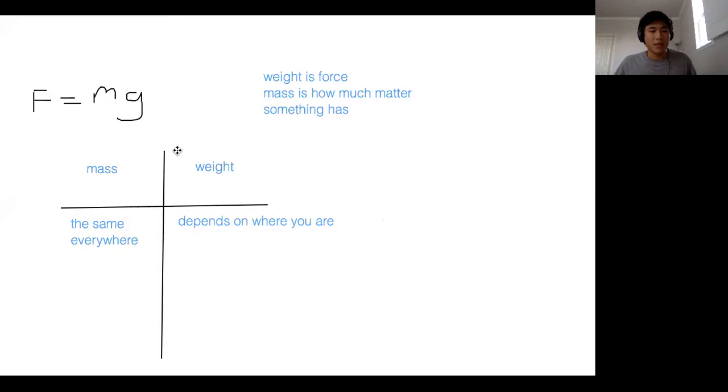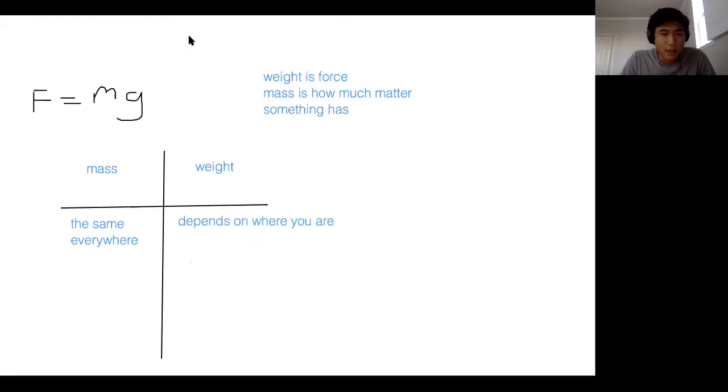Okay, and remember, matter is the amount of stuff that you have. And then weight relies on mass. The more mass something has, the more it will weigh in the same place.